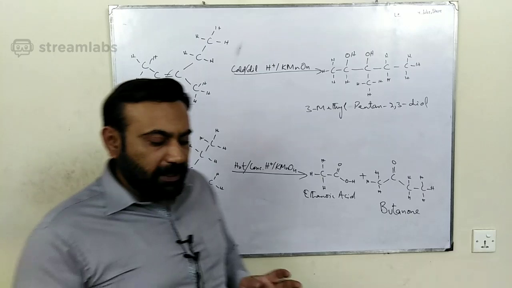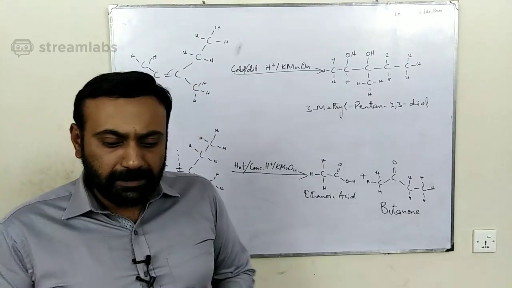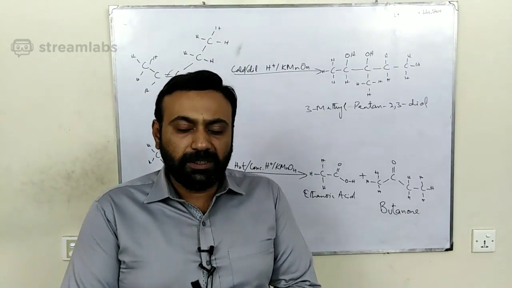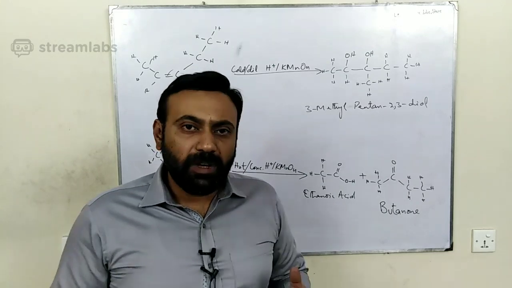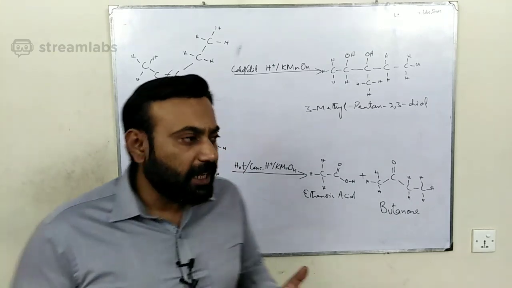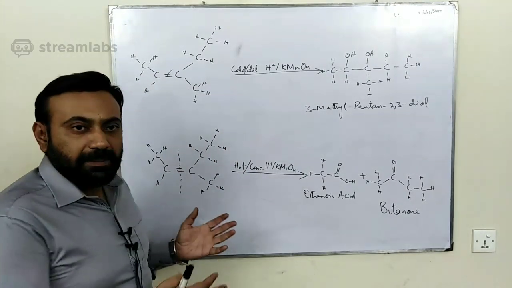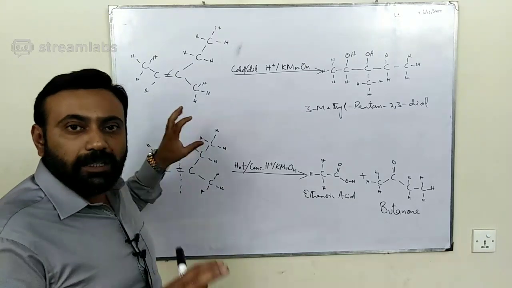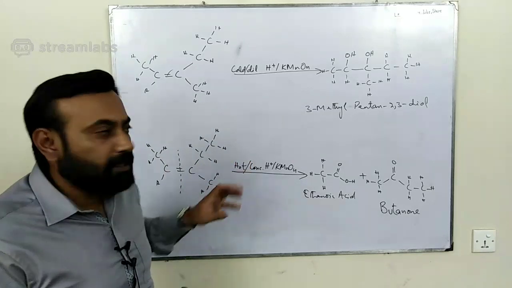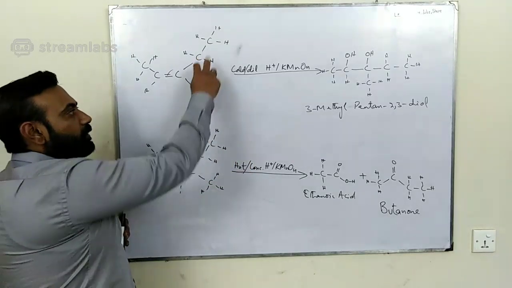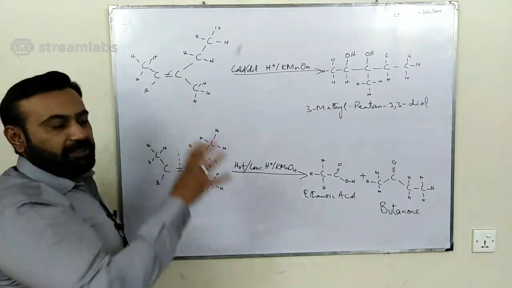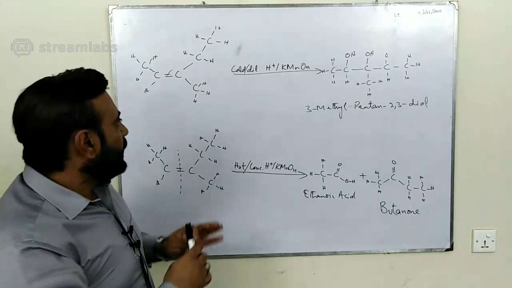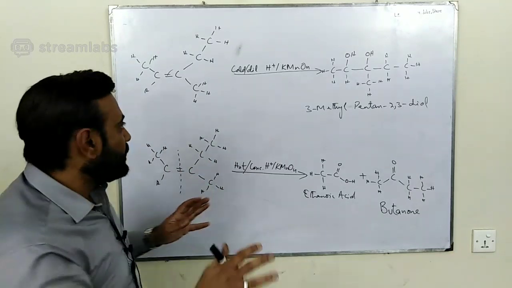Okay, I've seen a question and it is a good question actually: when we oxidize these alkenes, why are the carbon atoms involved in the double bond the only ones that are oxidized? Why not the other ones present in side chains? See, there's a very simple answer to this question.